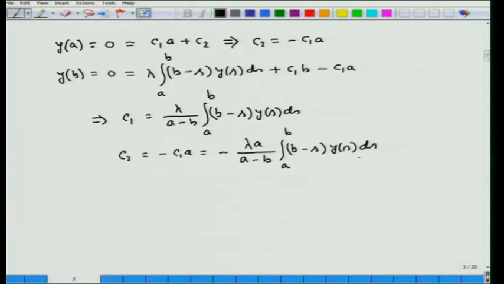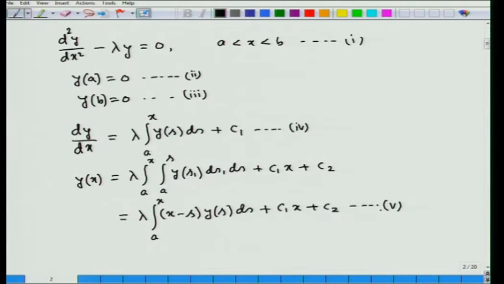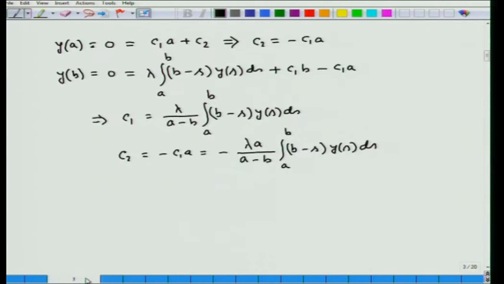So, these are two expressions for c1 and c2. Now, you can see that for the given problem c1 and c2 are all evaluated in terms of lambda, a, b and this integral involving the unknown quantity y(s). If we substitute these expressions into expression (5), then we find y(x) equal to lambda times the integral from a to x of (x minus s) y(s) ds.